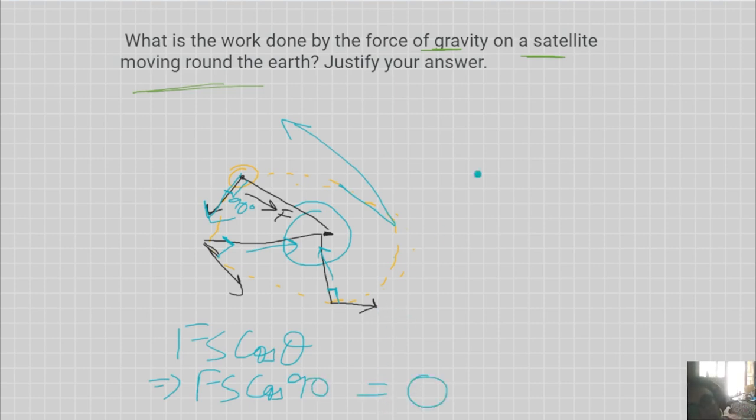So even though the satellite is moving around the Earth, and even though there's a force acting from its middle towards the satellite, and there's a displacement also, technically in terms of physics there is no work done.